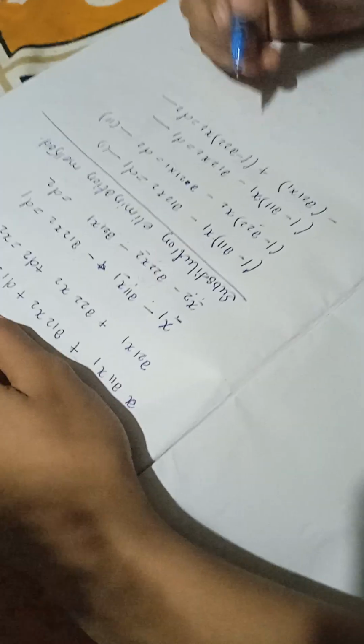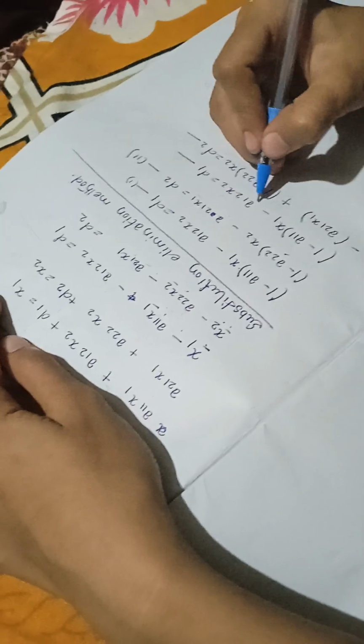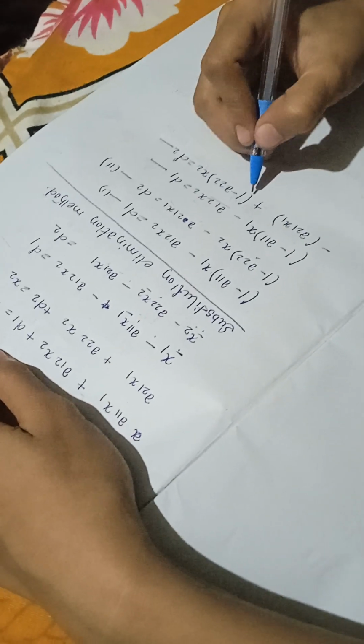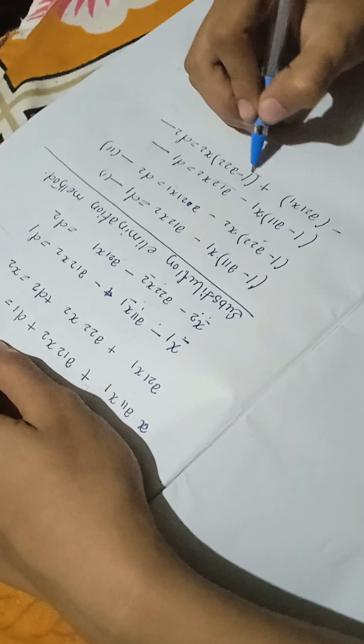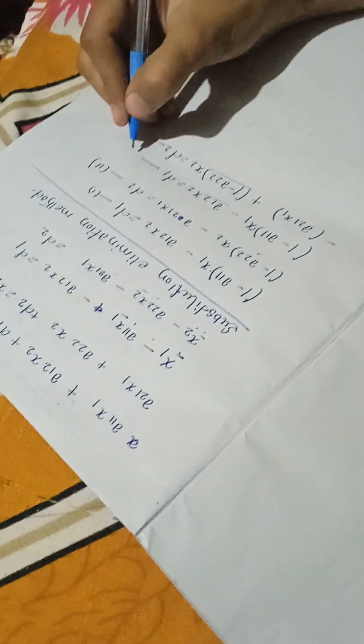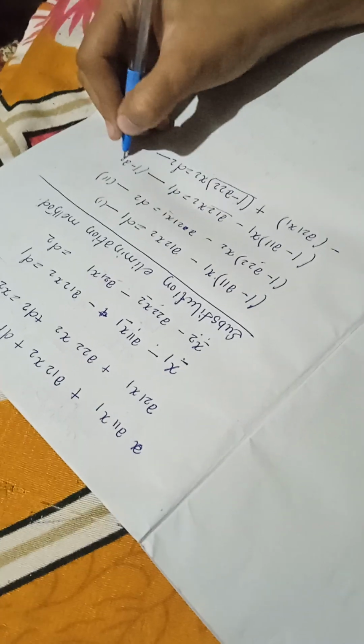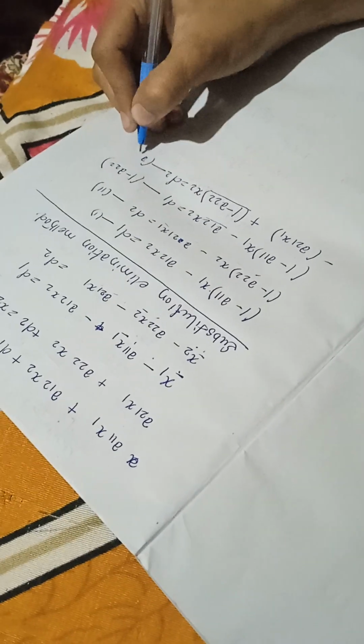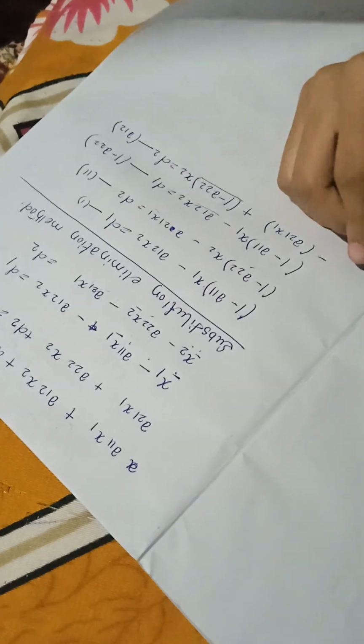For the substitution method we have to cancel this out, so we are multiplying the first equation by (1 minus a22) and the second equation by a12.